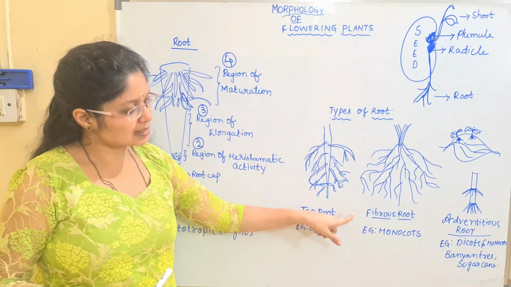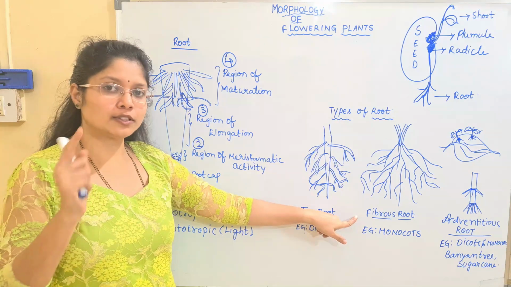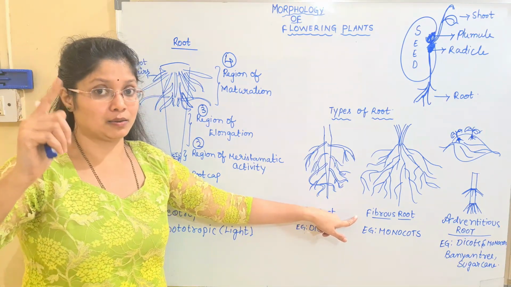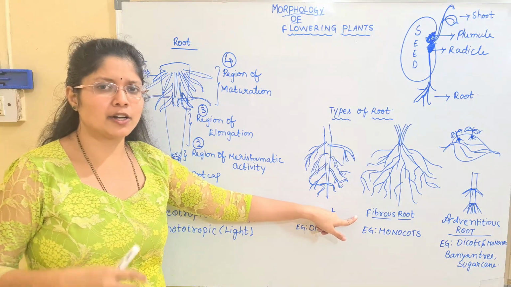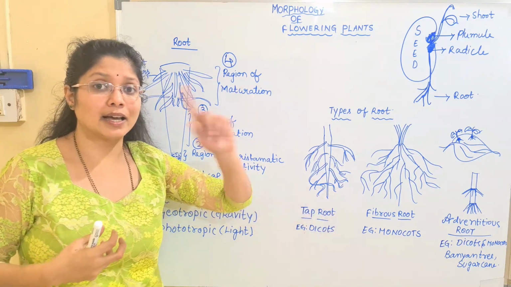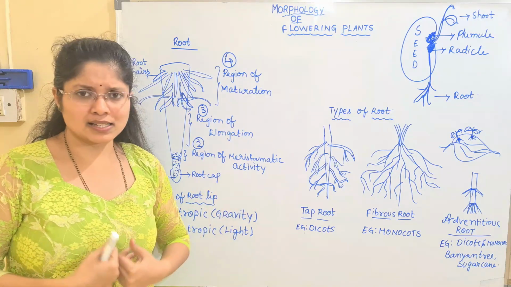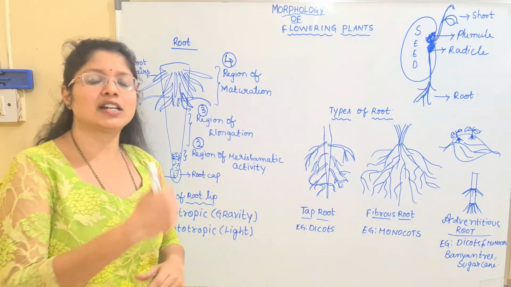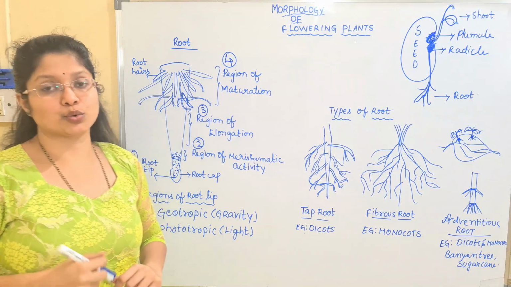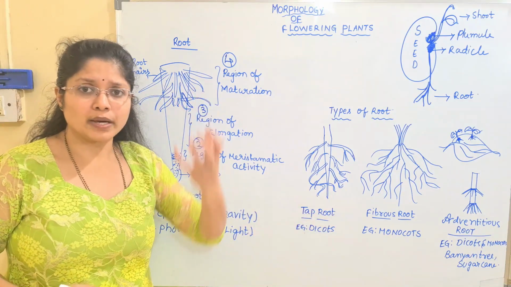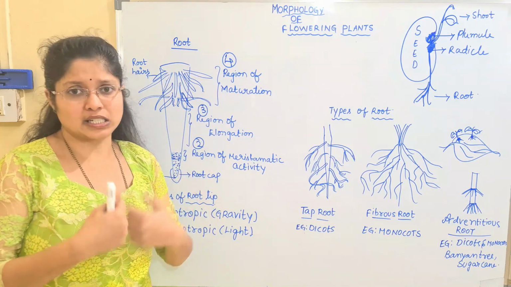So firstly, the origin of the primary root in the fibrous root is from the radical, but later it is replaced by numerous fiber-like roots and they are arising from the base of the stem. So can it be called an adventitious root? Yes, definitely we can call it an adventitious root, because they are mainly produced from the base of the stem and are adventitious in nature.